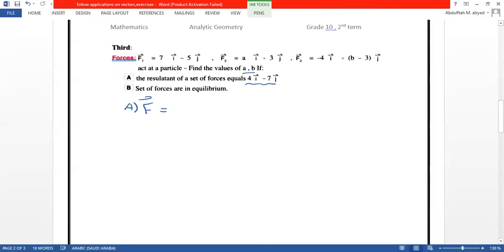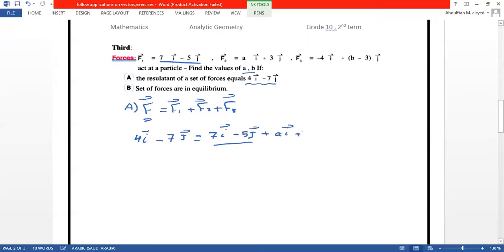F equals F1 plus F2 plus F3, so 4i minus 7j equals F1, 7i minus 5j, plus F2, Ai plus 3j, plus F3, negative 4i plus B minus 3j.